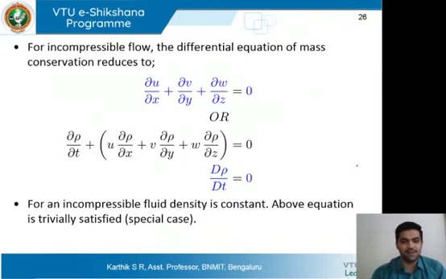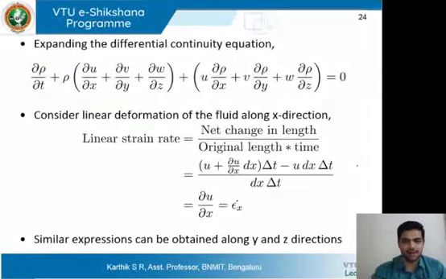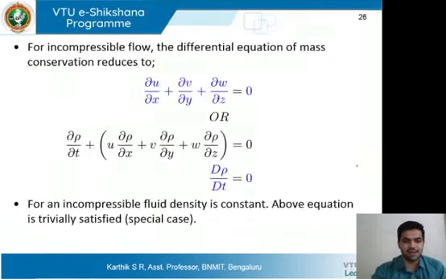So now for an incompressible flow situation, you know that the volumetric strain rate is zero. So in your equation, when you substitute it, you will also get dou rho by dou t is equal to 0. This left hand side, according to the kinematics of fluid flow, which you have already studied in fluid mechanics, is nothing but the material derivative or the substantial derivative, which is represented by capital D rho by dt.